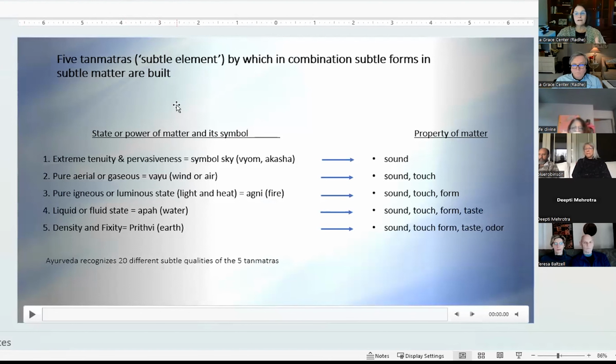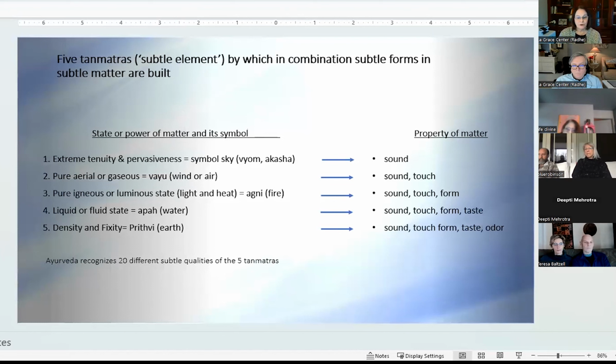Before actually manifesting in the physical realm, there are combinations of these tanmatras that combine. But their pure form is found only in the subtle realm, and from there, subtle forms, and from there, gross forms. So the 5, and many of you are familiar with these, but it was very interesting.